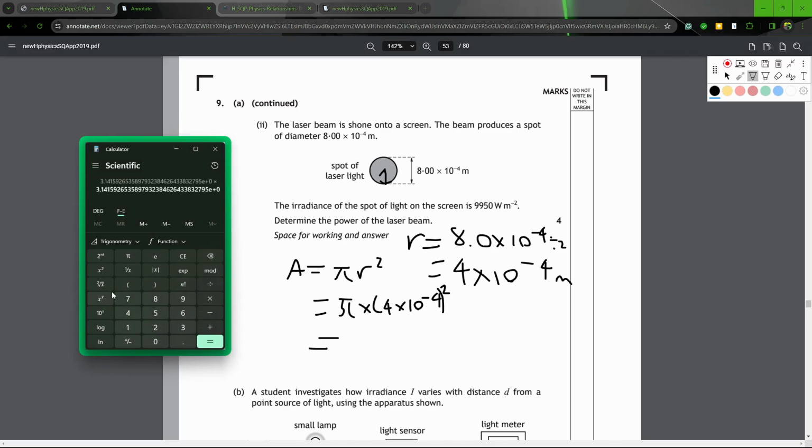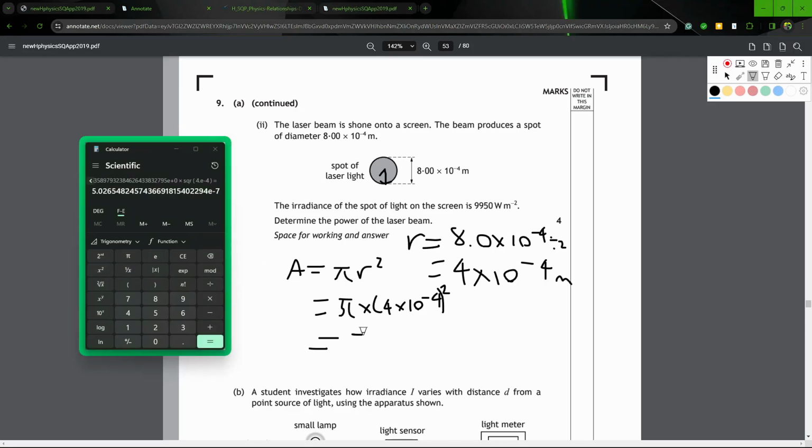So pi times brackets 4 times 10 to the negative 4, squared. Well, we get this: 5.03 times 10 to the negative 7 meters squared.